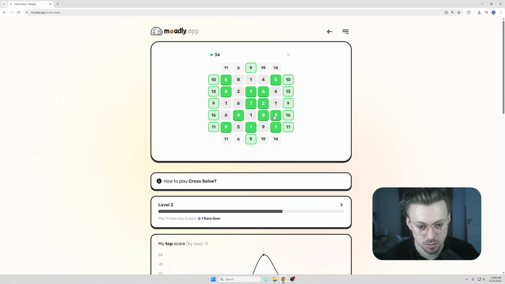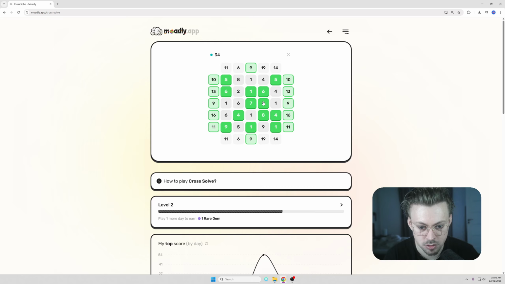Okay, let's try and fix some more. 10. Okay, I think 4 is supposed to be active here, most likely, but we have to keep this row solved, so 13. Okay, so if we do, okay, no, I don't know.